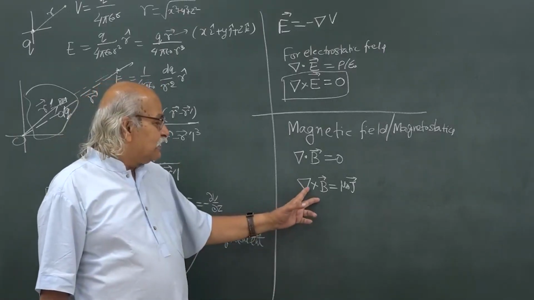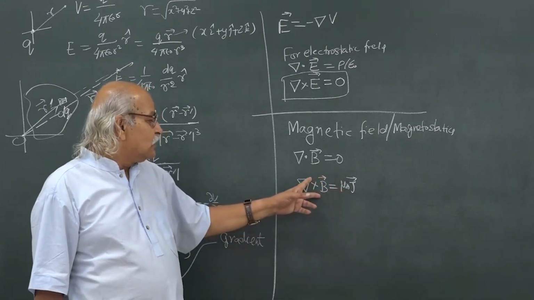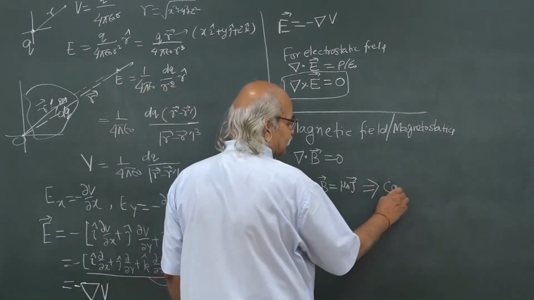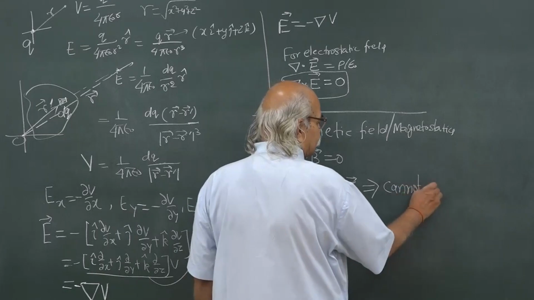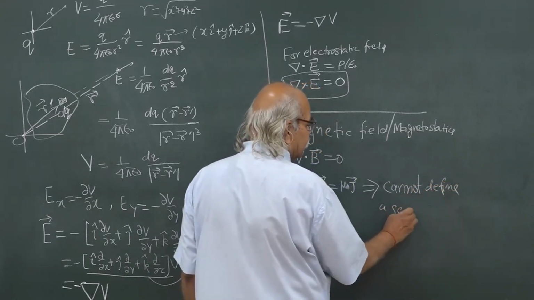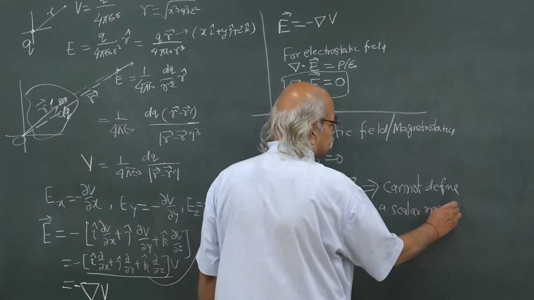So, curl of B is not 0, therefore, since this is non-zero, you cannot define a scalar magnetic potential.